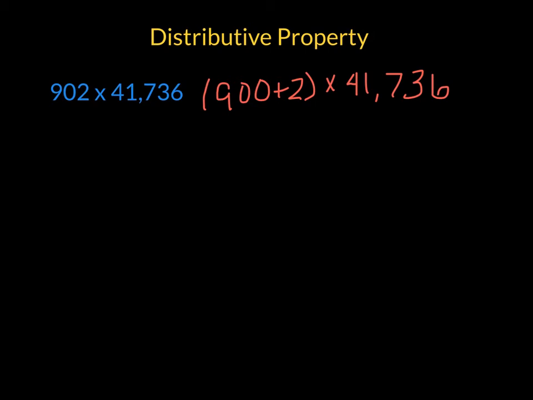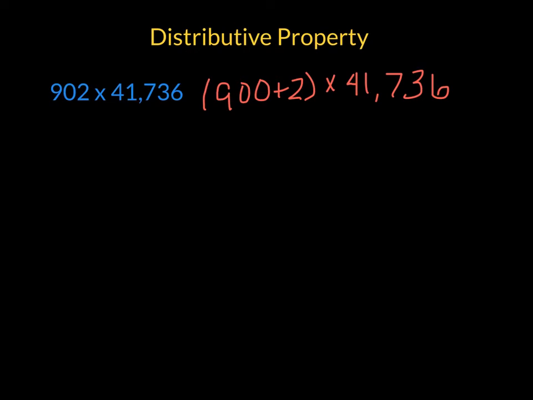So after we've written that in expanded form, we would next need to distribute this 900 and this 2 both to the 41,736. When you're using the distributive property, you are distributing the numbers to each other.